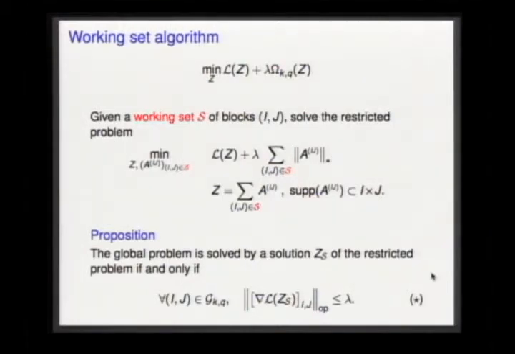At each step, we try to find a new candidate set for updating the set of so-called coordinates of this coordinate descent algorithm. This set of coordinates is the set of all matrices whose support is of size k by q.